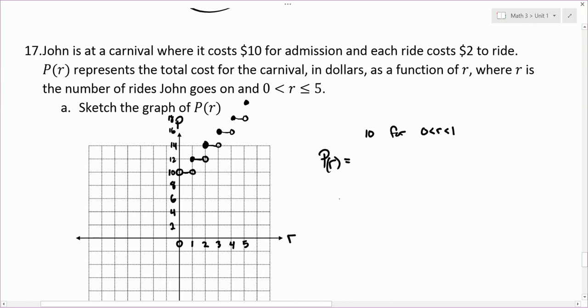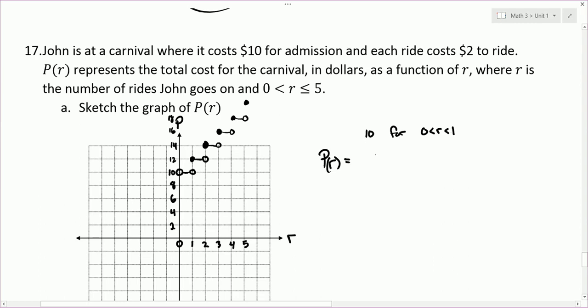In context, this isn't really going to happen, right? You can't be between 0 and 1 ride. So there's an argument we can actually not even graph this part or throw this piece out. I'm going to leave it like this, but just think about what this is meaning. You have to be more than 0 rides but less than 1 ride, not going to happen. So we're really not going to even pay $10.